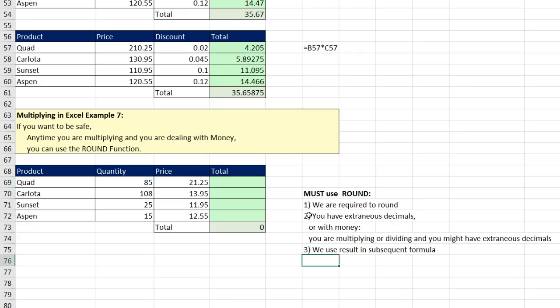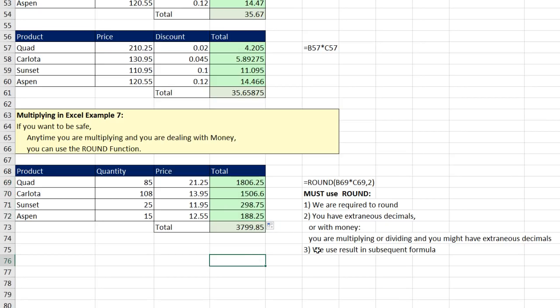But for this second point, with money, when you're multiplying or dividing and you might have extraneous decimals, now, here we know we're not going to have them, but we're going to use the round function just to make sure, because we are dealing with money. That's a formula input. Comma, 2, close parentheses, Control Enter, and copy it down.